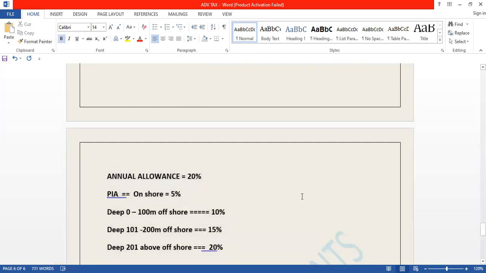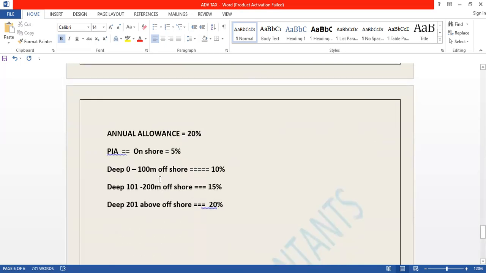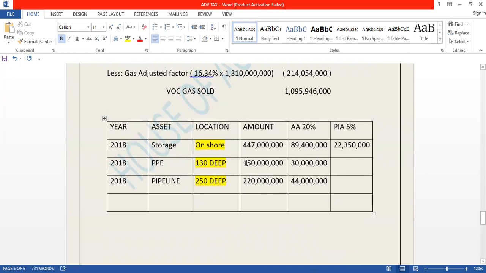Now let's come back here. This is our factor now. From 130 deep, where does it fall? It falls on 15%, right? Are we right? So that would be 15% multiplied by 150.